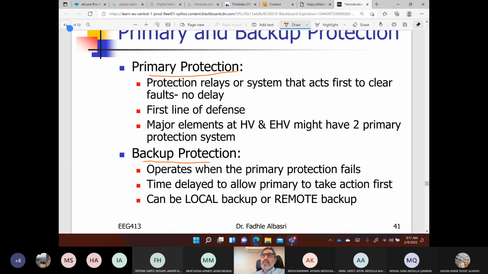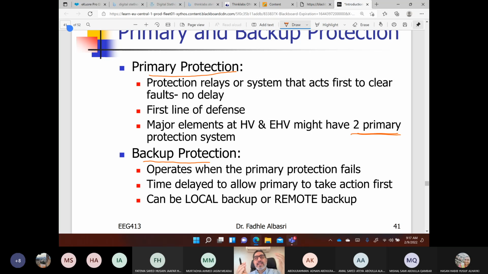Each major equipment has at least one primary protection, and some equipment, like very important transmission lines, has two primary protections. Each should act fast to clear the faults, but at least we need to have one backup in case the primary protection fails.